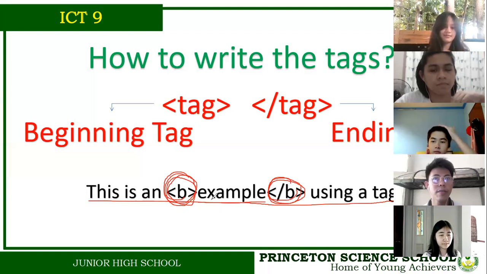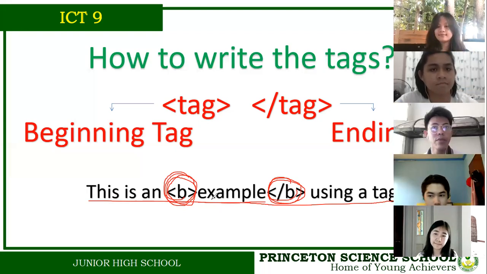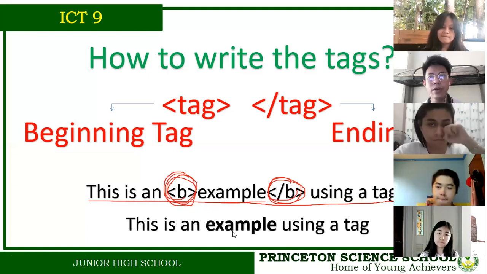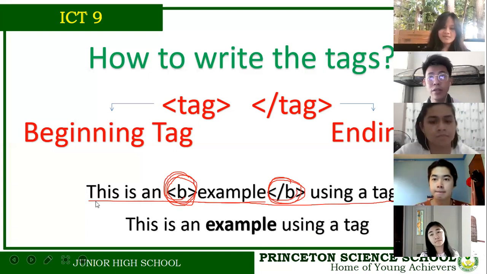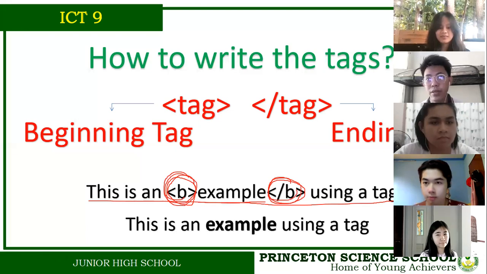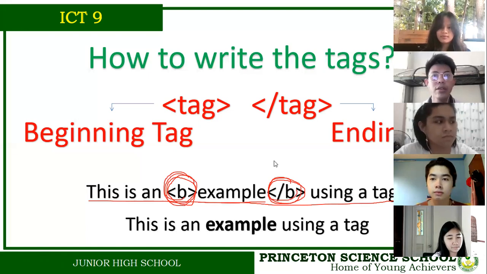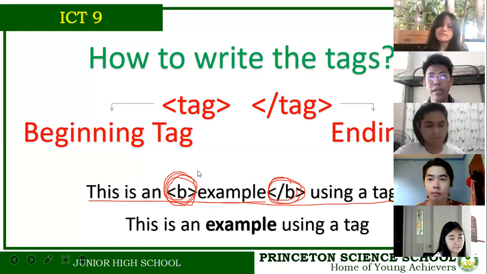Okay, so the word example in the sentence would be in bold. That's basically how we're applying the tags. Of course, in order to display these words, we would need a tag that will display words, for example a header, the p tag, and other tags that can display words. So that is how we're applying the beginning tag and the ending tag in this example.